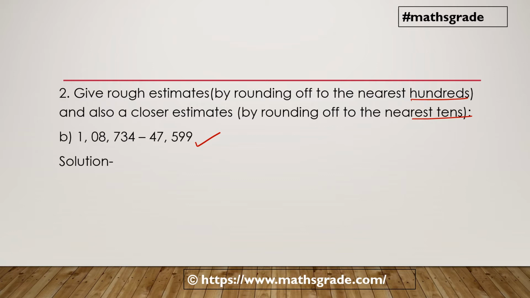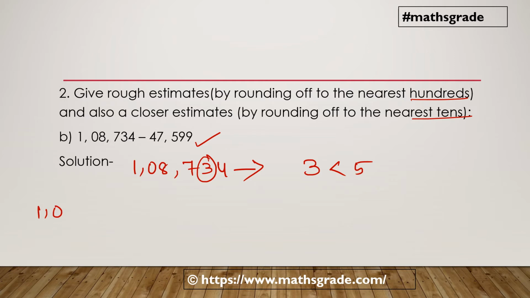So 1,08,734. In this number, the tens place digit is 3 and 3 is less than 5. So don't add 1 to the hundred place digit and write down 7 as it is and write down 0 in the tens place and unit place digit. That is, 3 and 4 change to 0.